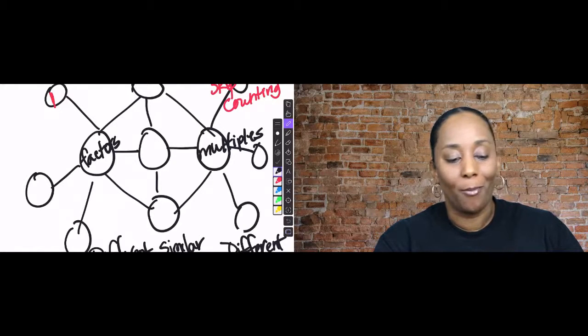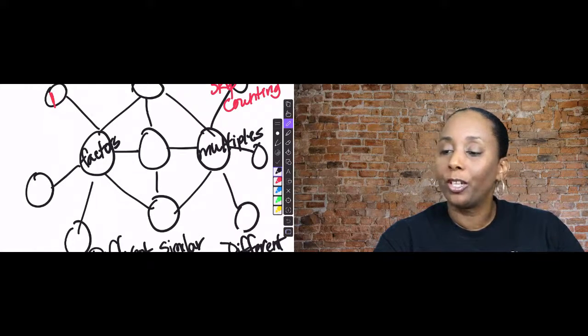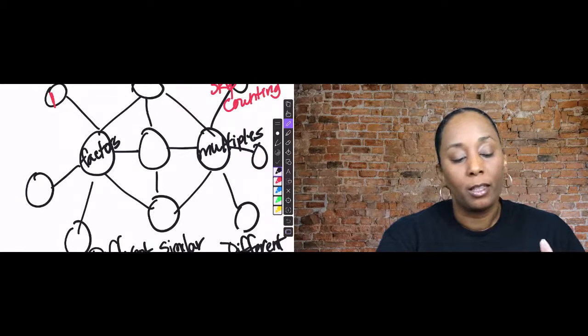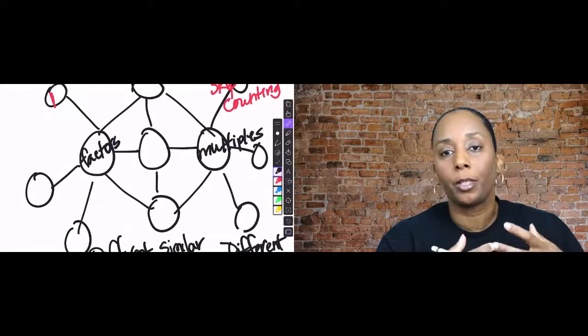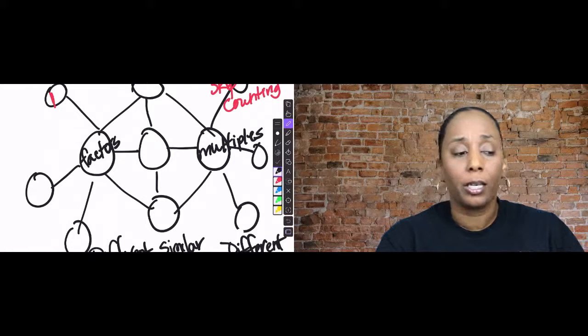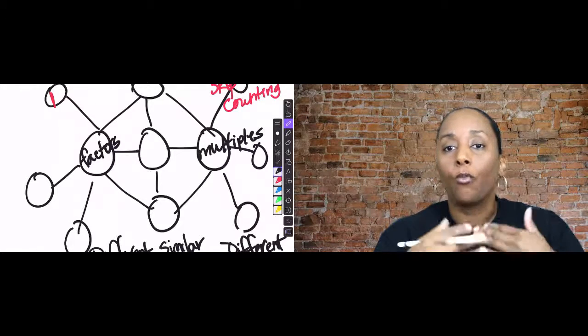My hand is all messy. To differentiate between the two concepts that are really similar, and then there are common misconceptions that students have over and over again.